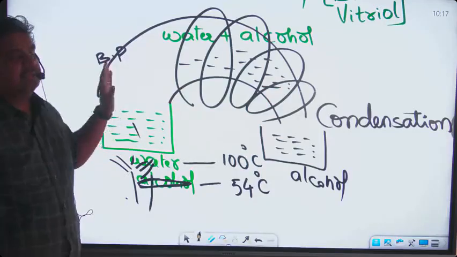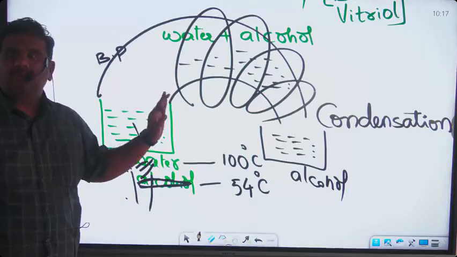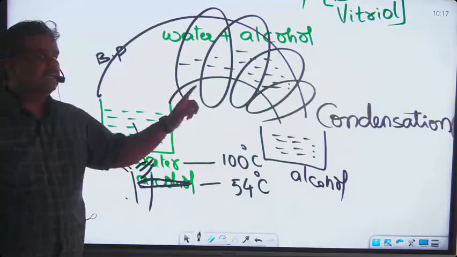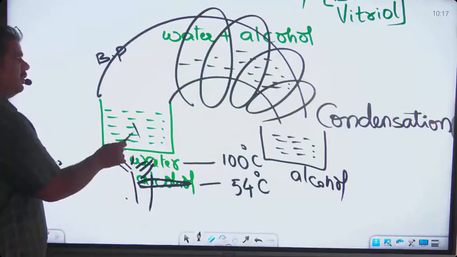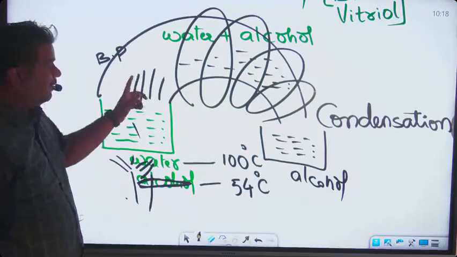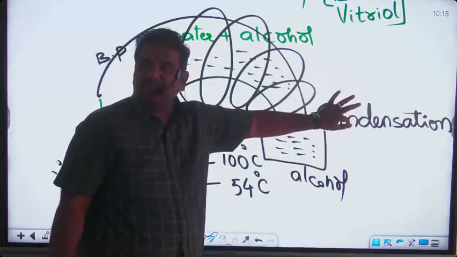At the same time, there is one question which is based on this. Distillation process involves what two things? First, the liquid is getting converted to vapor form, and the vapors are again converted to liquid by a process known as condensation.